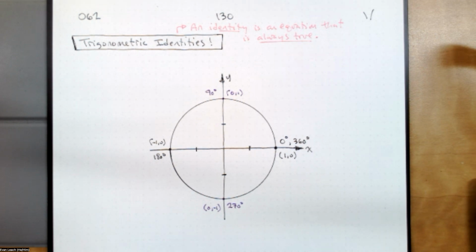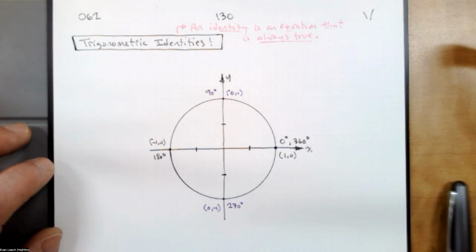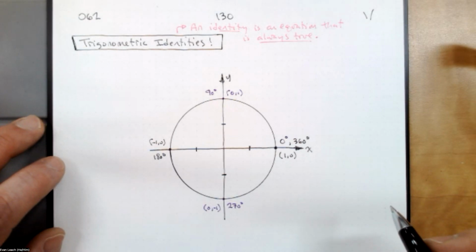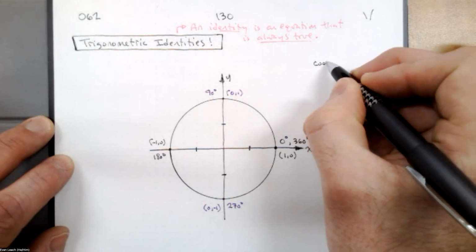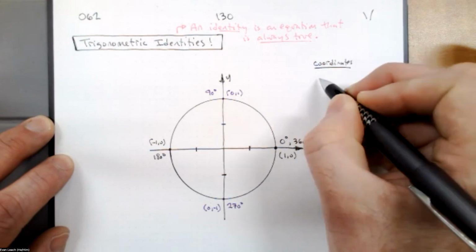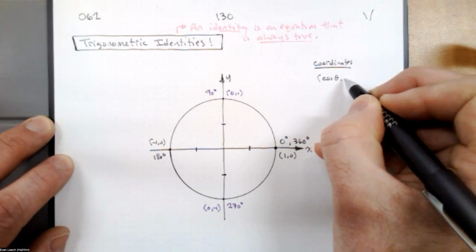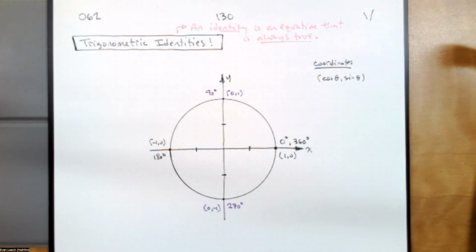What I want to remind us of is how we can find the 30, 45, and 60 degree angles. The other thing we want to remember is that the coordinates of each of these points on the unit circle are cosine theta, sine theta.